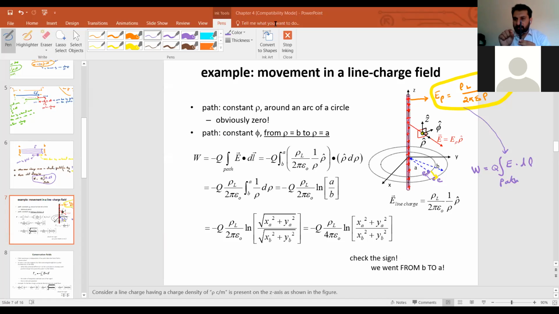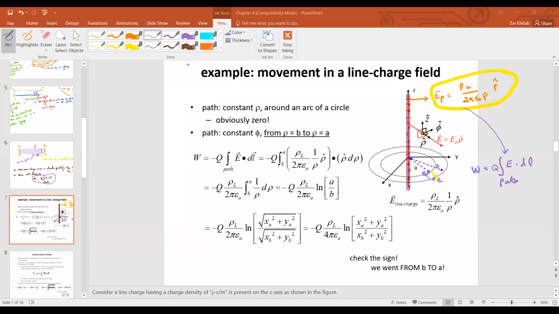Or if you want to move the charge from here to here, again you use the same equation. Just define this path and you will be able to calculate the amount of work from one point to another, either work done by the field or work done against the electric field.